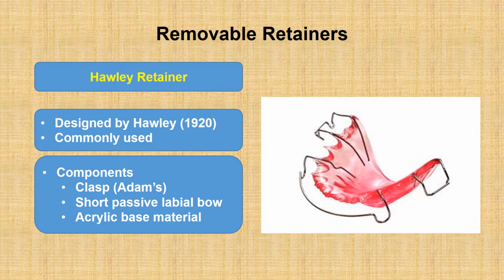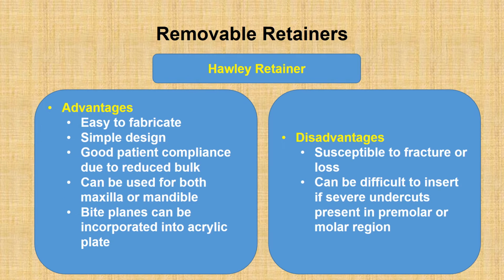It has three components. It has the retentive Adams clasp, a short passive labial bow, and an acrylic base material which acts as a connector and base for the other components.